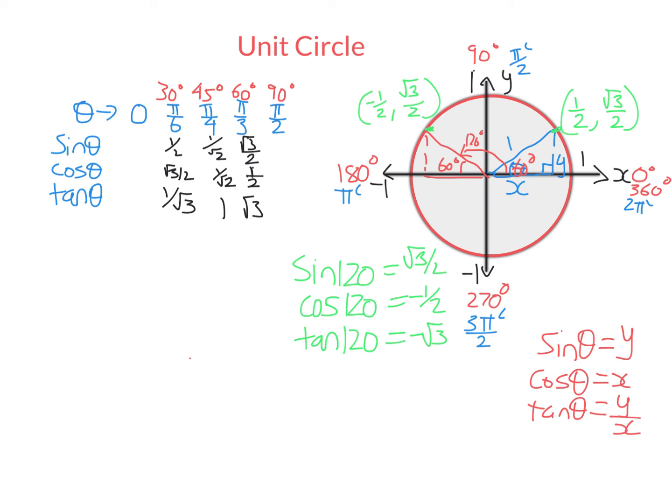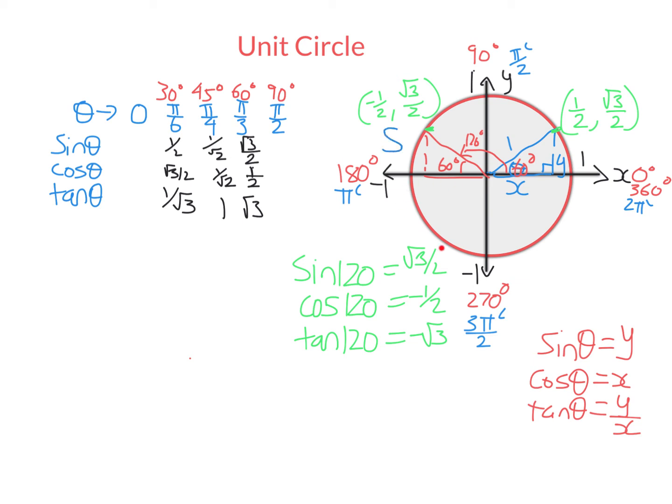So you might have noticed here, sine is positive, but the other two are negative, because in this quadrant, x value is negative, so cos will be negative, and y values in this quadrant are positive, so sine will be positive. So tan will always be a positive over a negative, so it will be a negative. So in this quadrant, then only sine is positive.